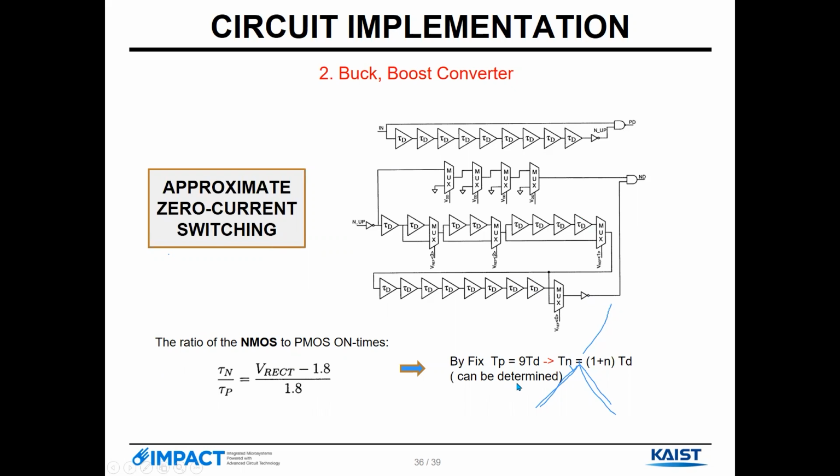It can also be determined by fixing TP equal to 9 TD, and then TN can be determined. We can tune the precision of this delay by changing the logic of VREG3, VREG2, VREG1, and VREG0. In this block, 9 TD is equal to TP.